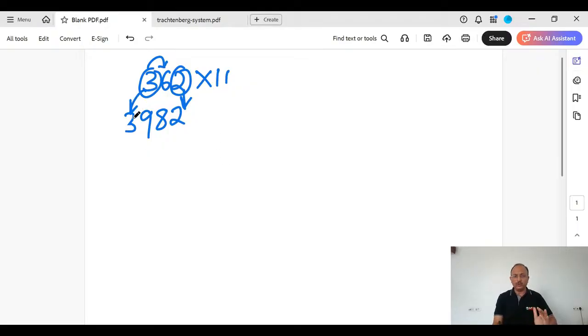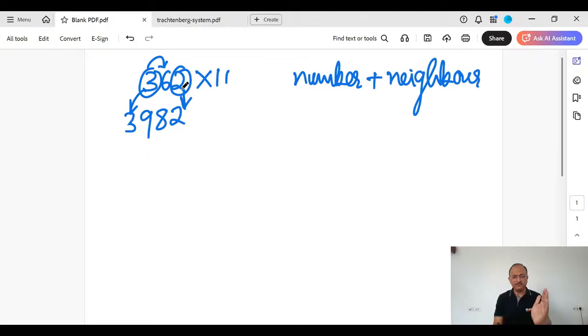So the rule is, we write the number and add its neighbor. The neighbor is the number on the right side of this number. So for the first number, there is no neighbor. Let me explain this with one more example. Suppose you want to multiply 2445 with 11. What is the neighbor for the first number?